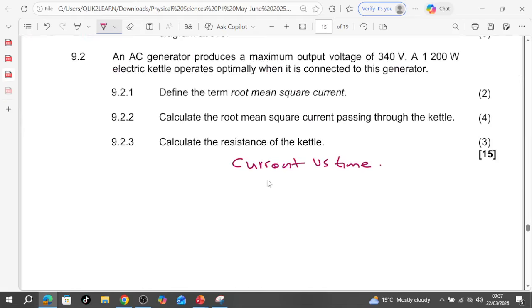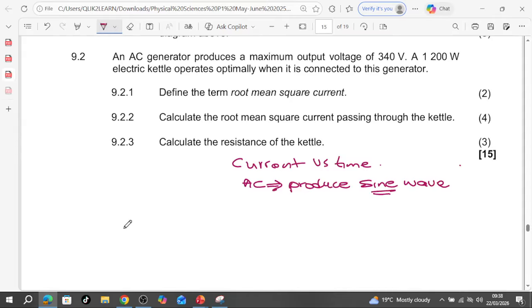So since it's AC, just note that AC generators produce a sine wave. So just remember the sine graph. This will make sense when we draw the graph. For now, just remember that it produces a sine wave.